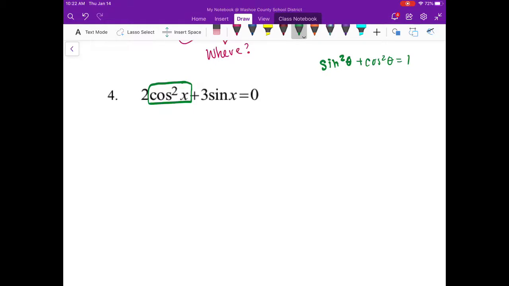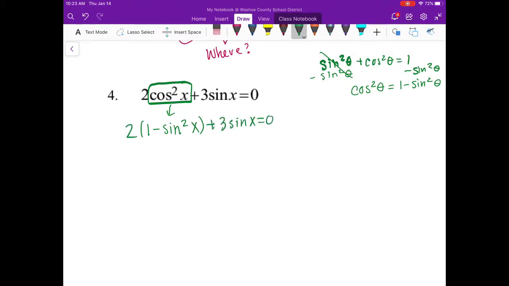So if I want to solve for cosine squared of theta, I would subtract the sine squared of theta over, which means cosine squared of theta actually equals 1 minus sine squared of theta, okay? Or in this case, x. So I'm going to take this and I'm going to replace it with 1 minus sine squared of x, and then everything else can stay the same.